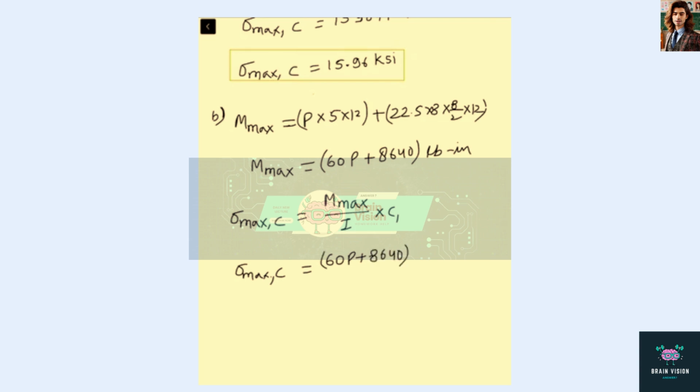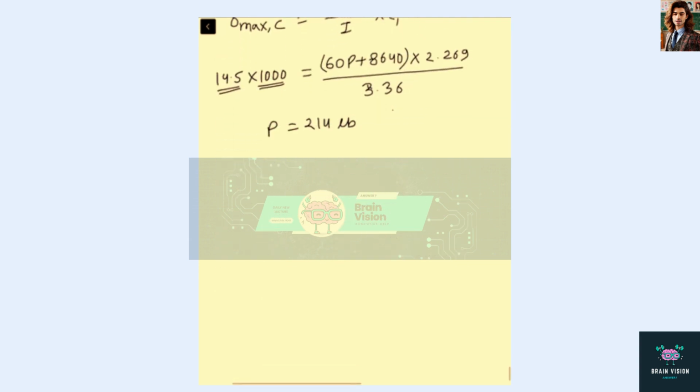So substituting the values, we get sigma max compressive equals Mmax is 60P plus 8640 multiplied by C1 is 2.269 divided by I is 3.36, and this value sigma maximum compressive is equal to 14.5 ksi, so multiplying by 1000 to get it in psi. So from here after solving we get P equals 214 lb.